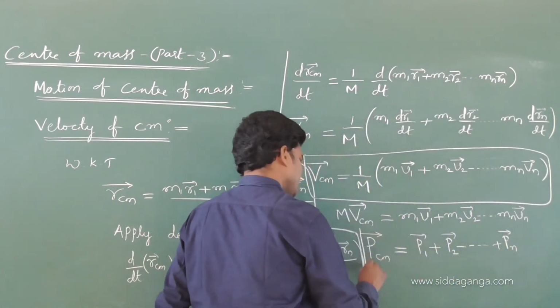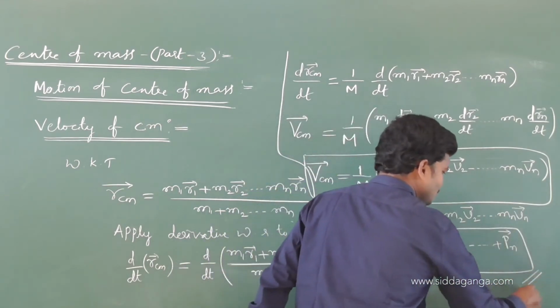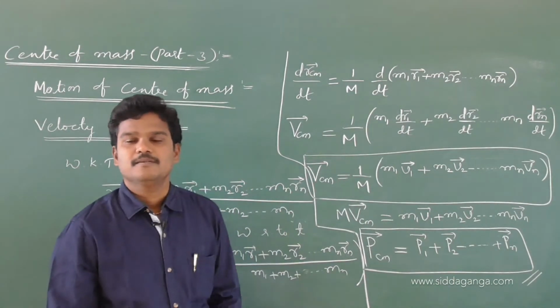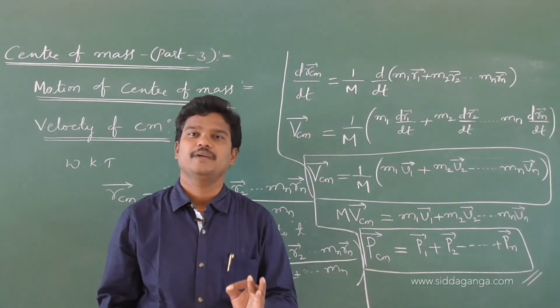So finally we got Pcm bar, which is equivalent to P1 bar plus P2 bar plus P3 bar, so on Pn bar.